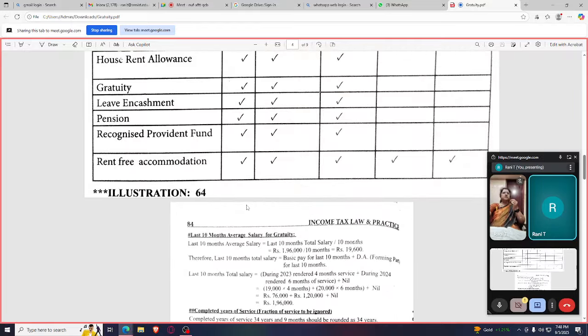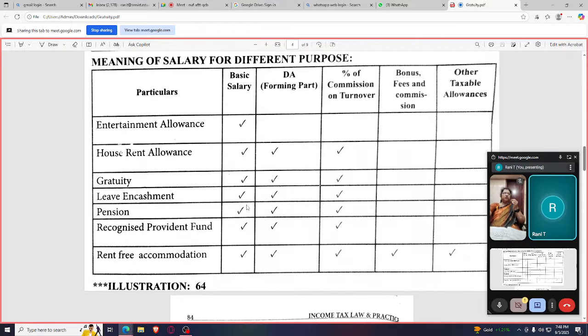Before that, all this gratuity and pension we learn in unit 3. While calculating the salary for gratuity, we have to take basic salary. When dearness allowance is forming part, we have to add it, and we have to add the percentage of commission on turnover.